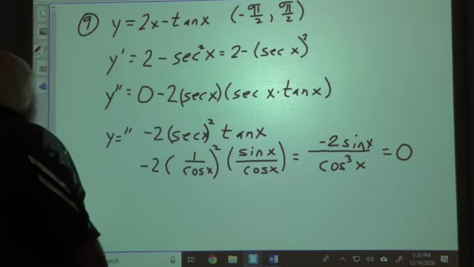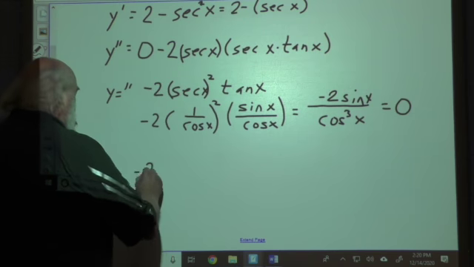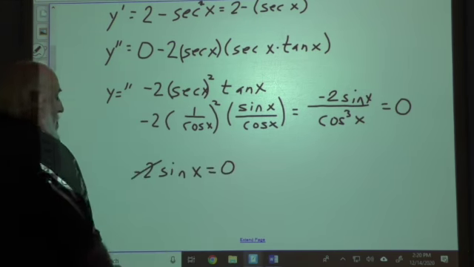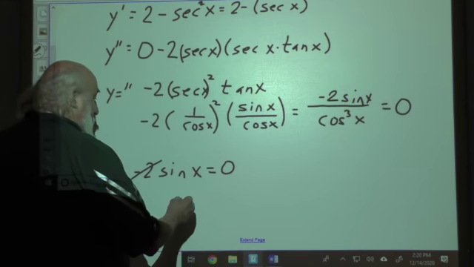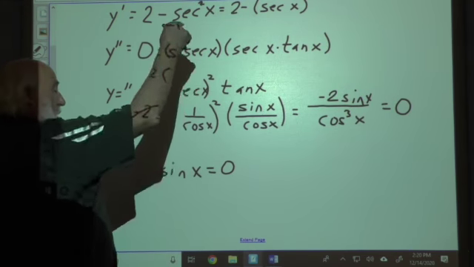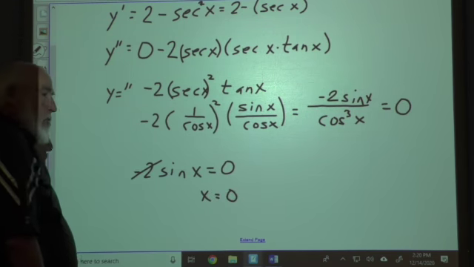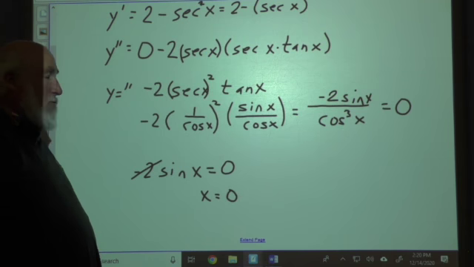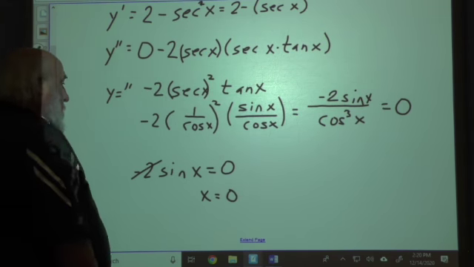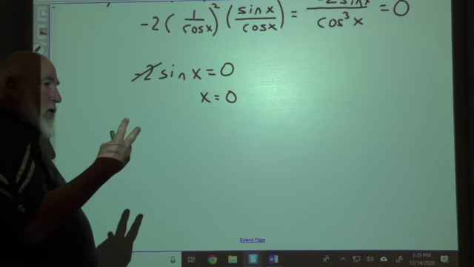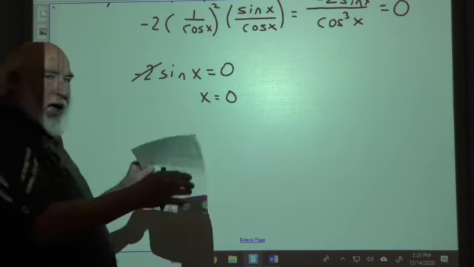Negative 2 sine x equals 0. Well, again, the negative 2 drops out, so this becomes sine of x equals 0. The only time that happens in that interval is when x equals 0. Well, that makes life really easy. So that means then that we're going to have two intervals, one before the 0, one after the 0.